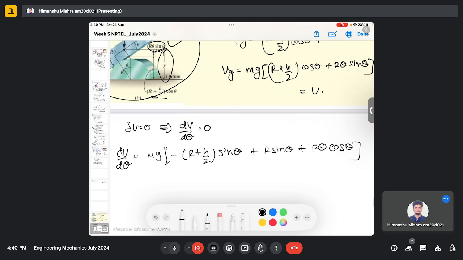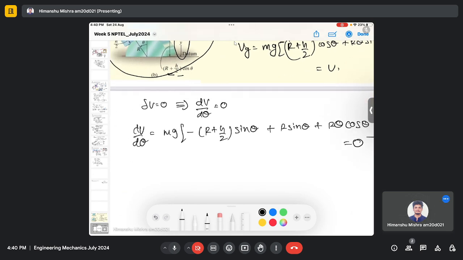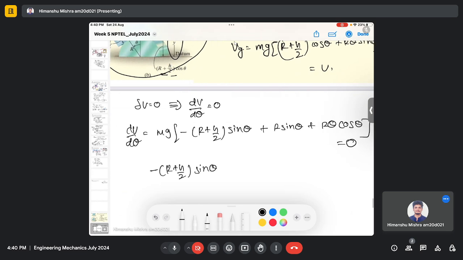So for the system to remain in equilibrium, this whole equation should be equal to 0. So we will have plus r sin theta plus r theta cos theta equal to 0.